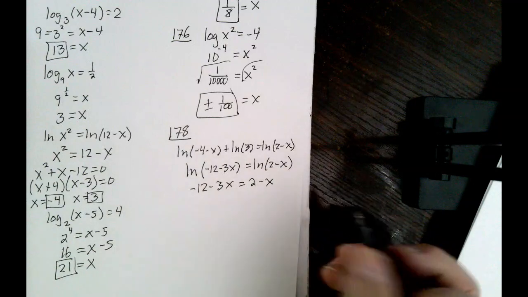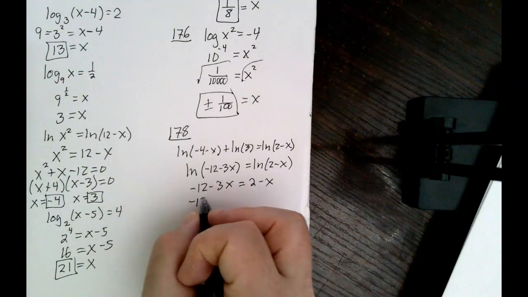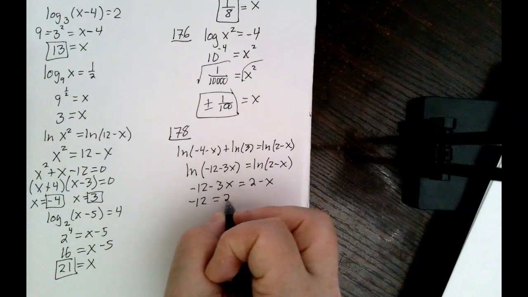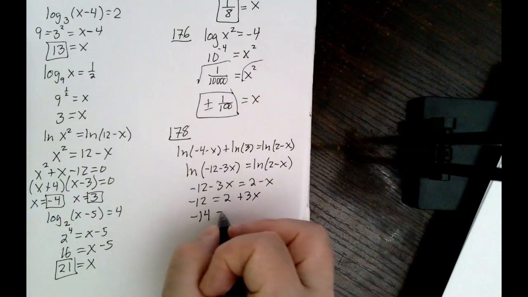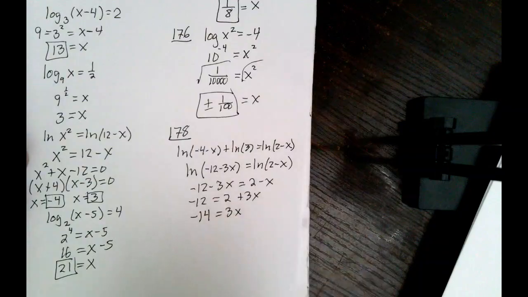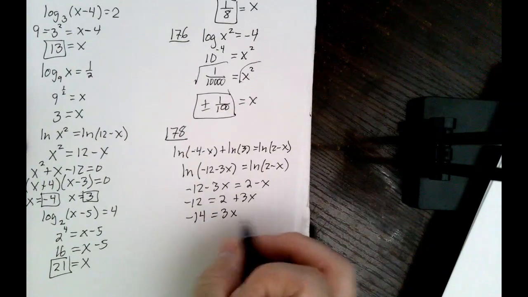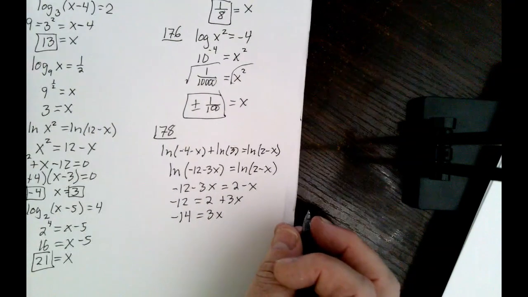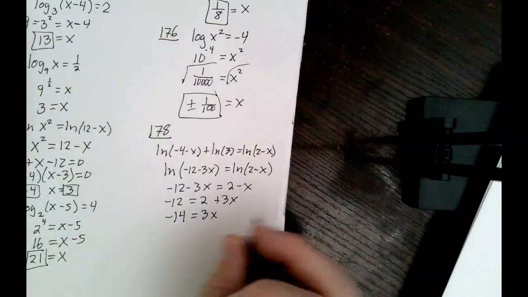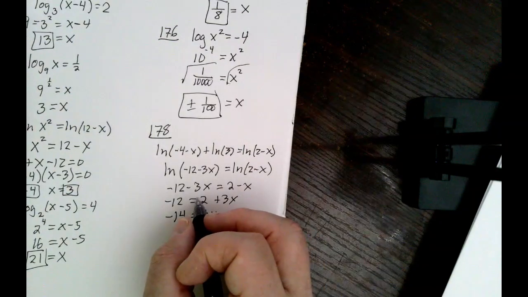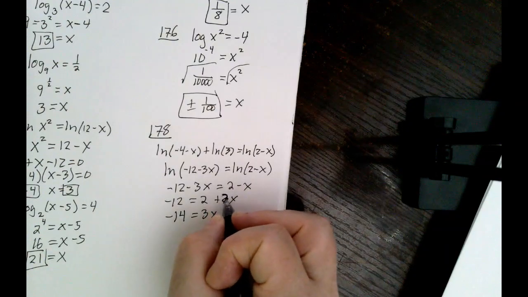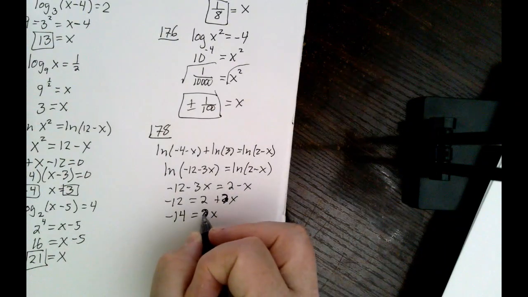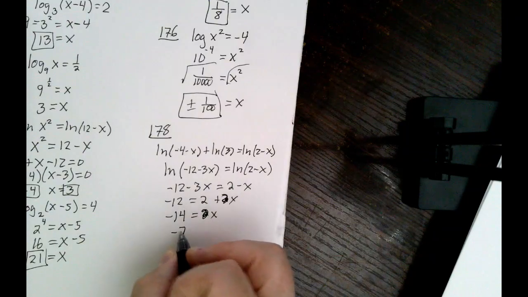So you can add 4x to both sides, subtract 2 from both sides, and then add 3 to both sides and you end up with 2x, sorry, not 3x. 2x, and divide by 2 and you get -7 equals x.